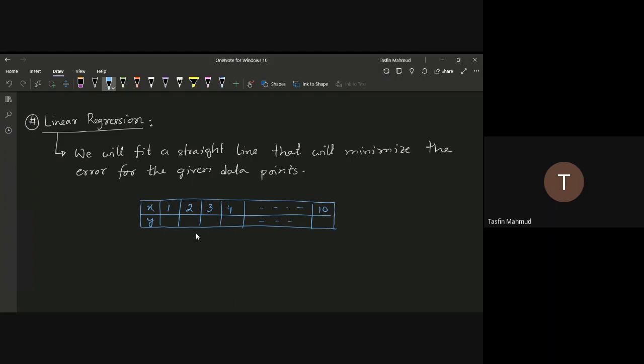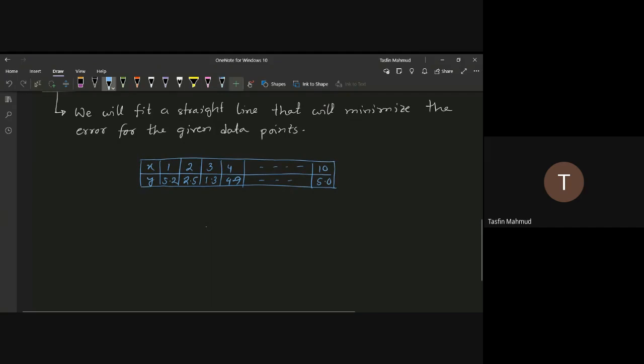And for x equals 1, we have y 5.2. For 2, y value is 2.5. For 3, it is let's assume 1.3, and it is 4.9, and so on. And here let's assume we get 5.0.